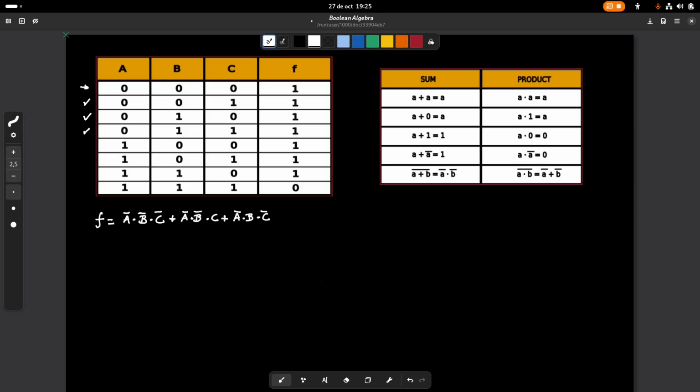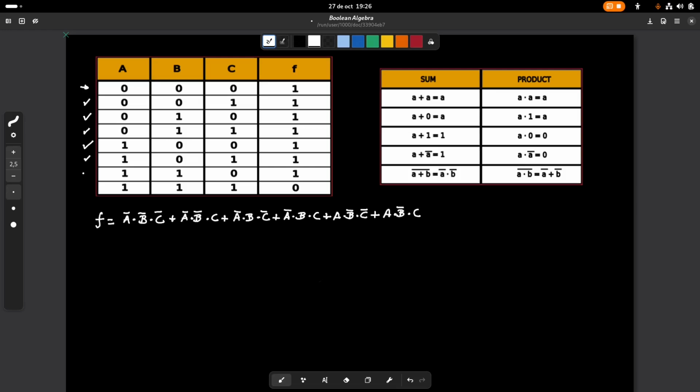The next one could be A negated and B and C. The following one, or plus A and B negated and C negated, or this one, A and B negated and C.